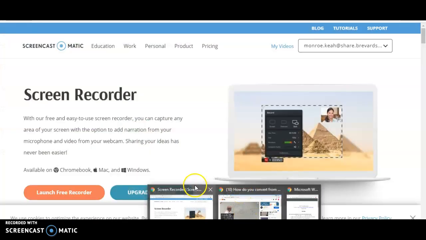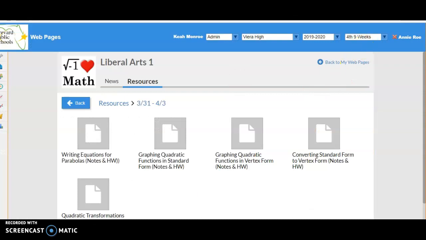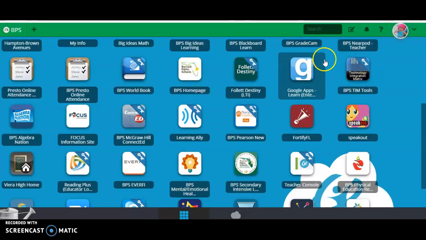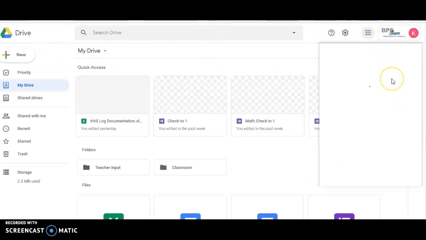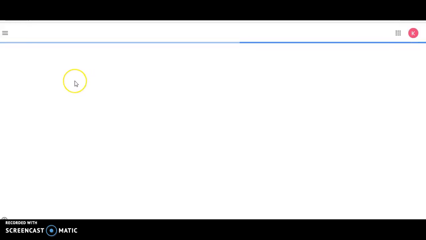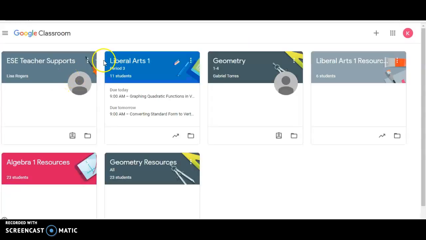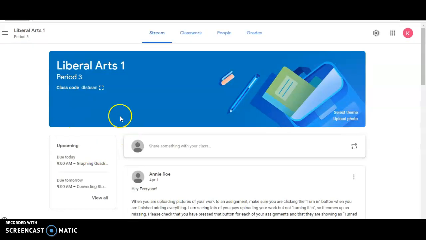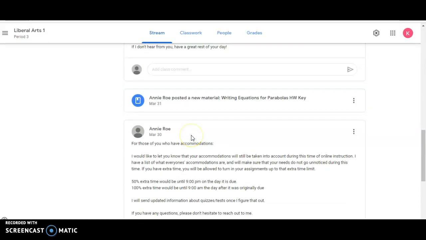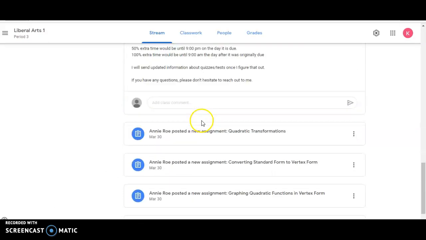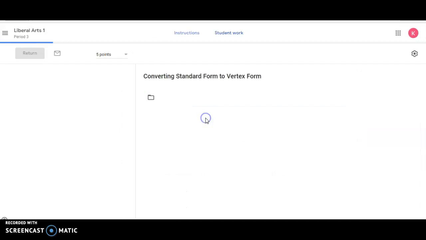So some of us are forgetting to do that step, which I'm going to show you really quick to make sure we know how to do that. So once you get into the Google Classroom, even if you're sending her a picture of your work, even if you're not turning it in via Google Classroom, so if you took a picture of it and you text it, let me find today's assignment.